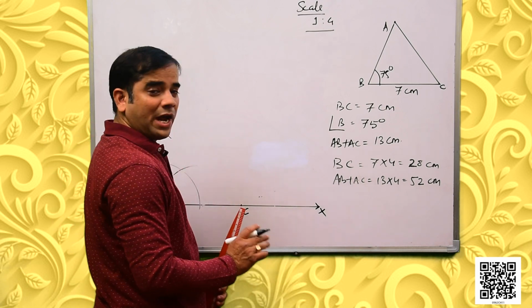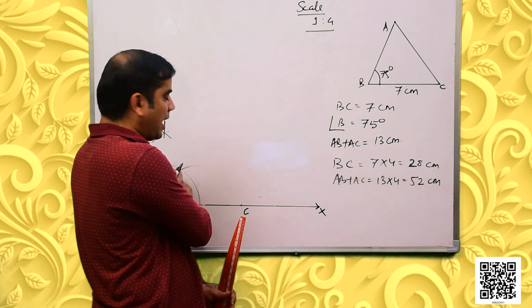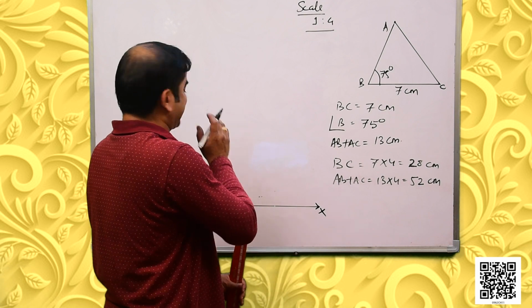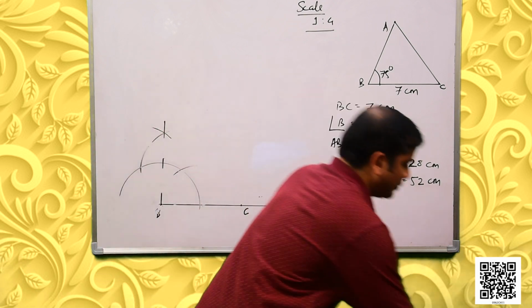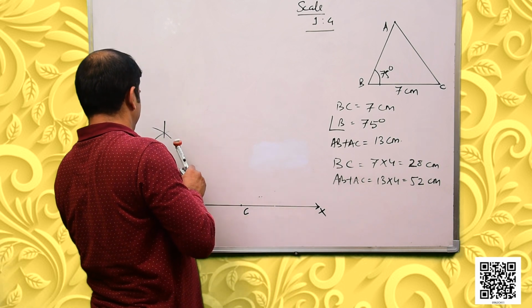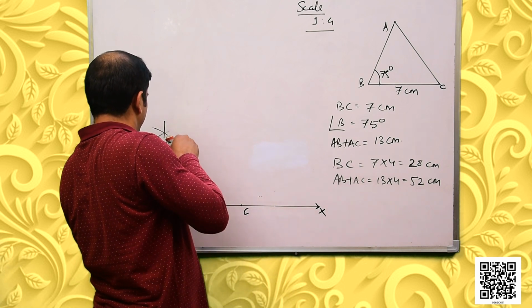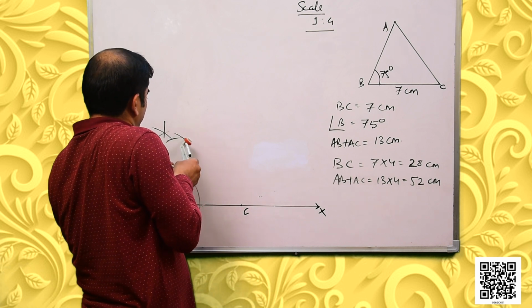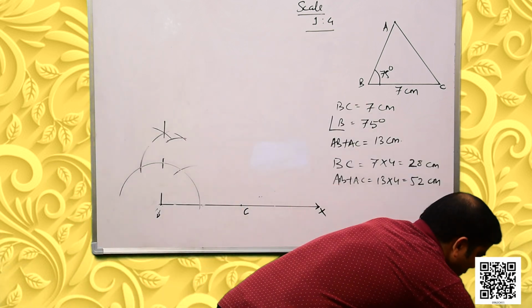Now we have to bisect this arc to get 15 degrees and construct 75 degrees.